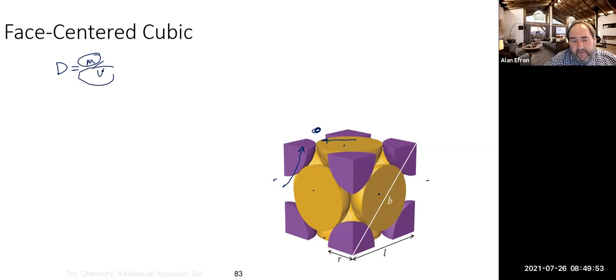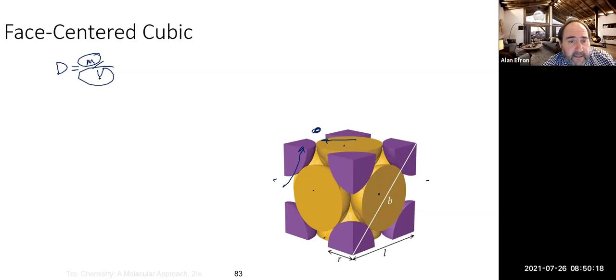They will give you some information about what type of cubic cell it is, and using how many atoms are present and the length of the radius that they typically give you, you can actually calculate the density of these things. So let's go through a calculation here together to see how it works.